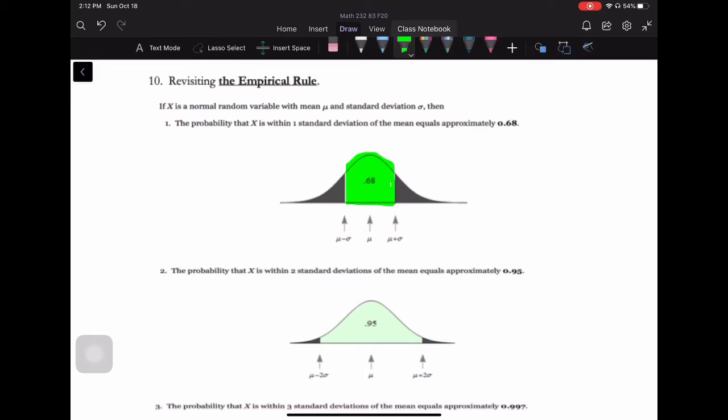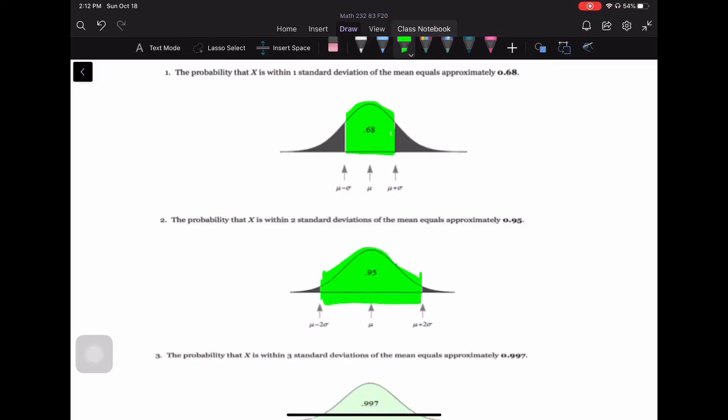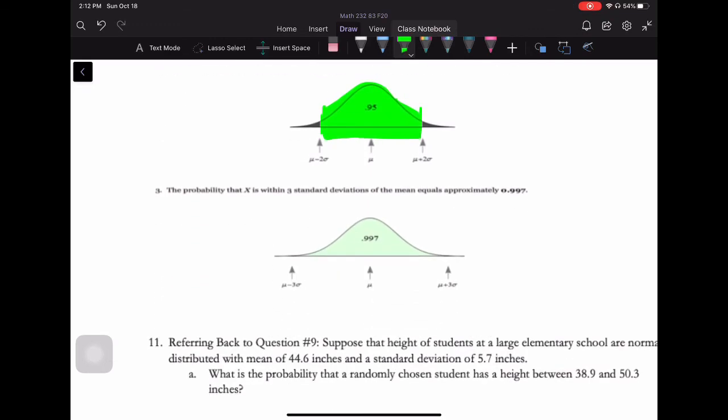So the probability of being between 11 and 12 was 68%, and the probability of being between 38.9 and 50.3 for those different scenarios was 68%. 2 standard deviations is 95%. That's a typical range of values that we would use. And then 3 standard deviations, which is almost the entire curve, is 99.7%.